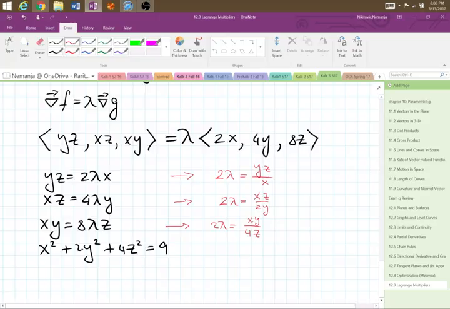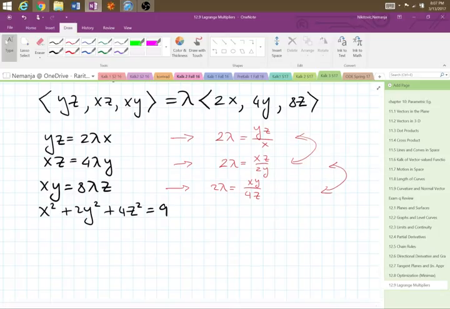So I can equate in any order. I can equate these two and maybe these two. It doesn't matter. That will eliminate lambdas and bring me down to 3 equations and 3 unknowns.